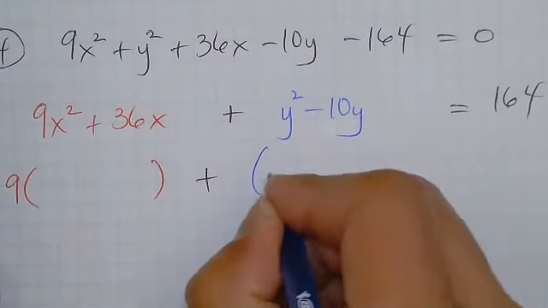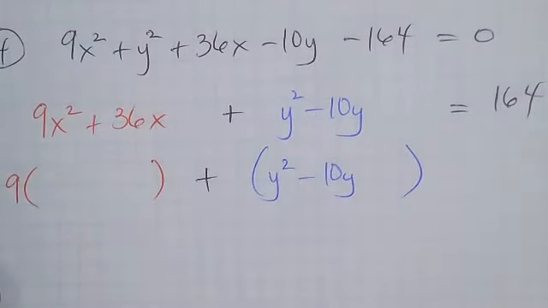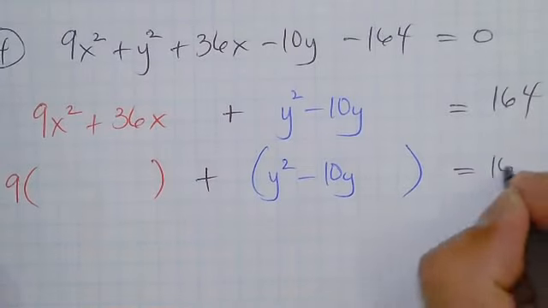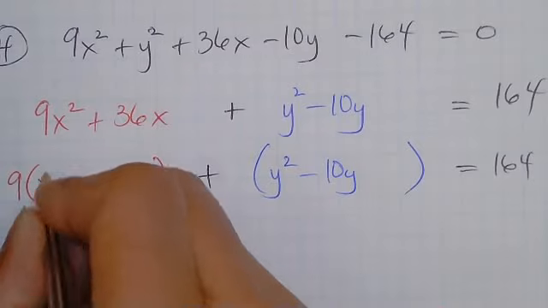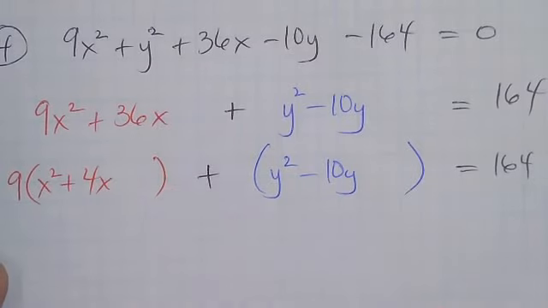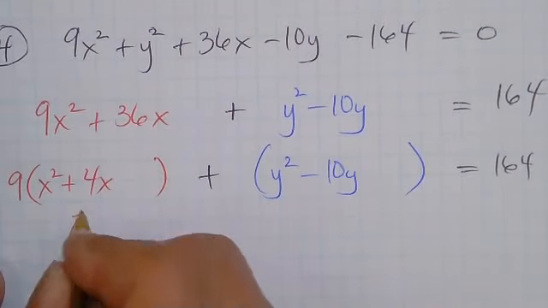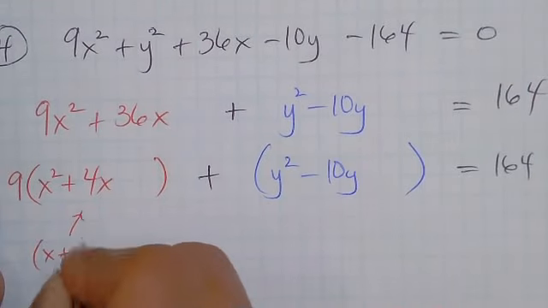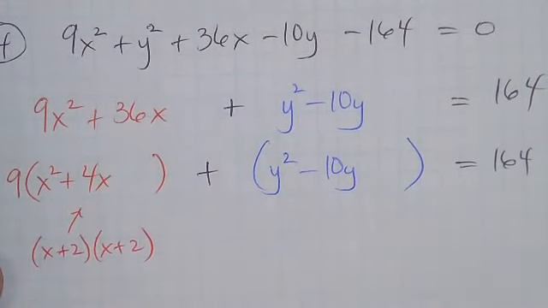Okay, now we got to complete the square. Well, this one I got to factor out that 9, so do that. This one doesn't have a number in front, but I'm still going to use the parentheses because I have to complete the square. And this should be right, a 4.